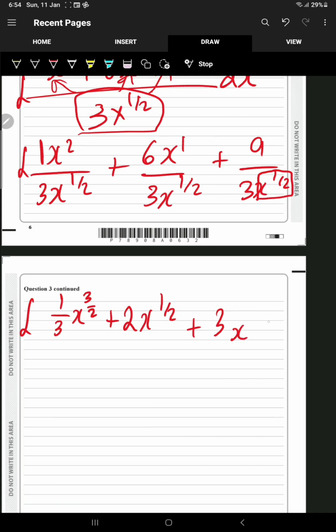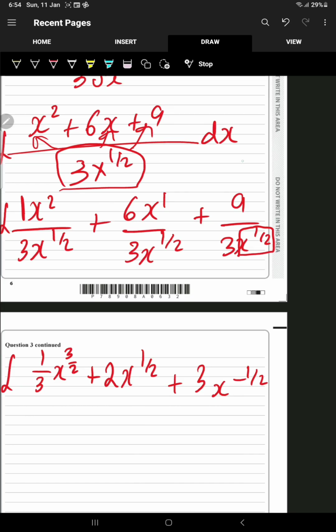Now over here, this power is going to be minus a half. Why? I think I mentioned this before: if there's a term to the power of n in the denominator, we can take it up and write it with the negative power.